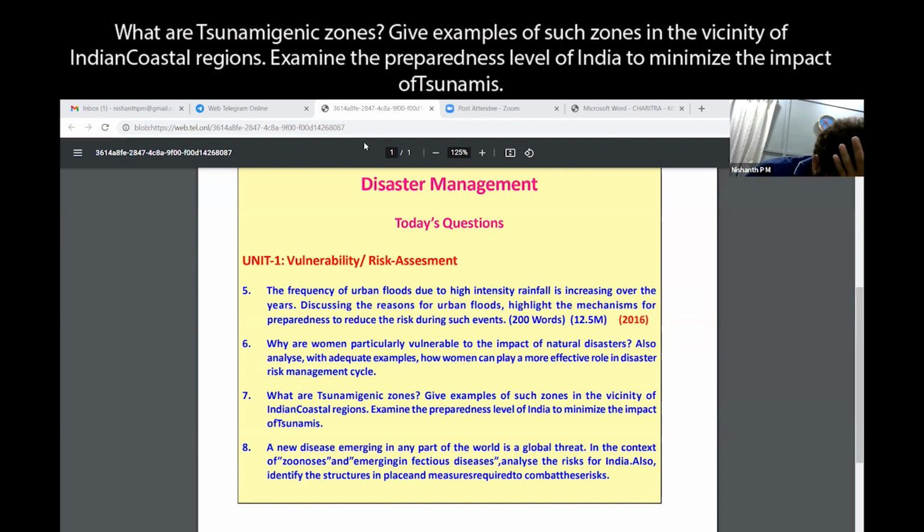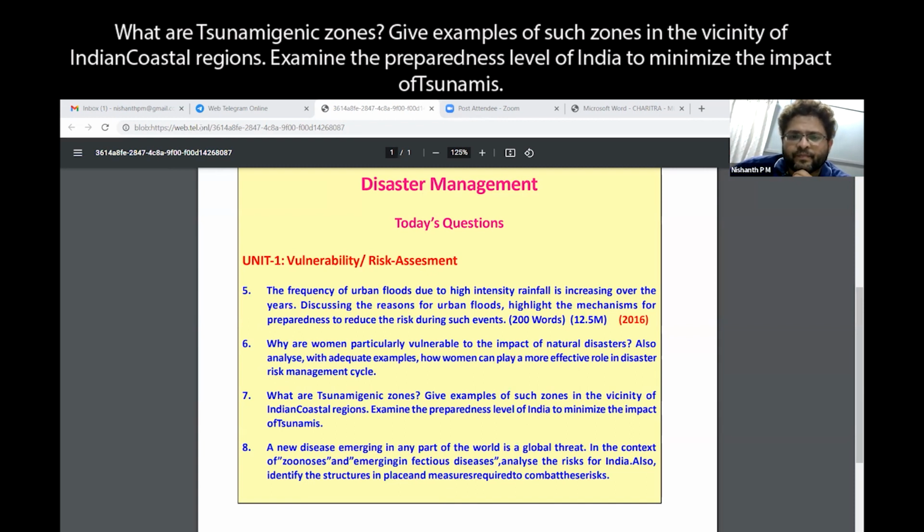What are the important tsunami-genic zones where the tsunamis originate? Sorry, where the tsunamis originate, not which are prone to tsunamis.